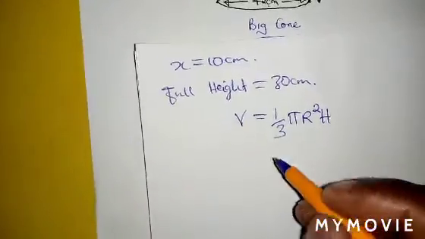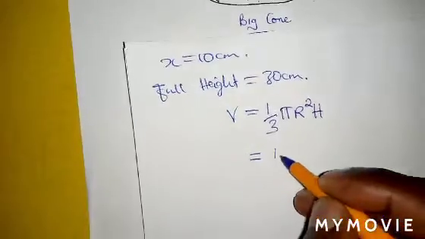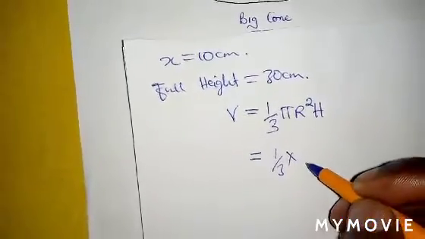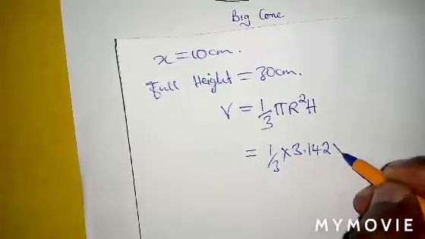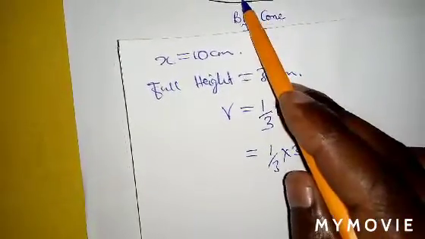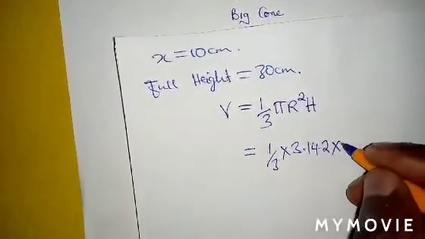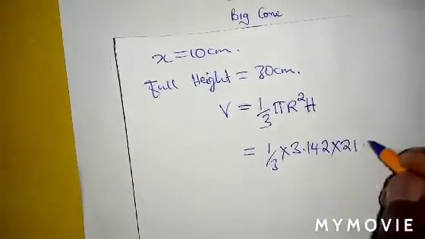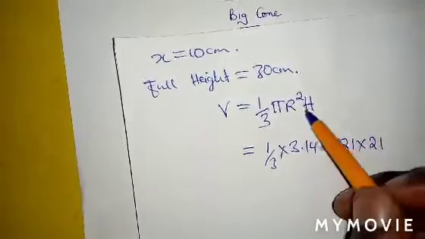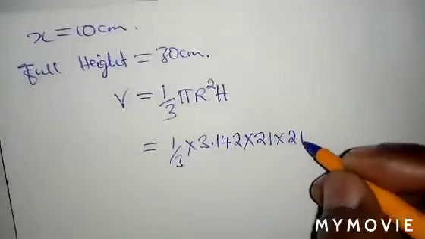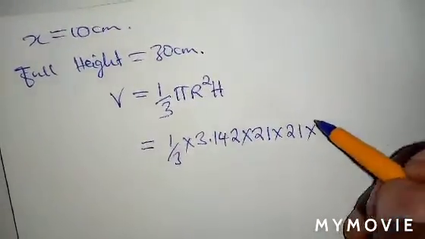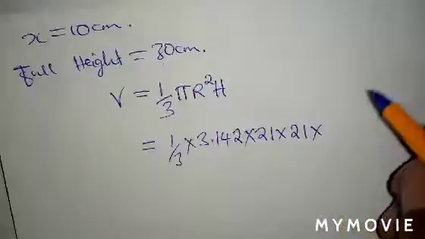So we can go into our calculations. 1/3 times pi, which we were given as 3.142, times our radius for the big cone, 21 centimeters, times 21, which is r squared, multiplied by the height of the full cone, which we found as 30.